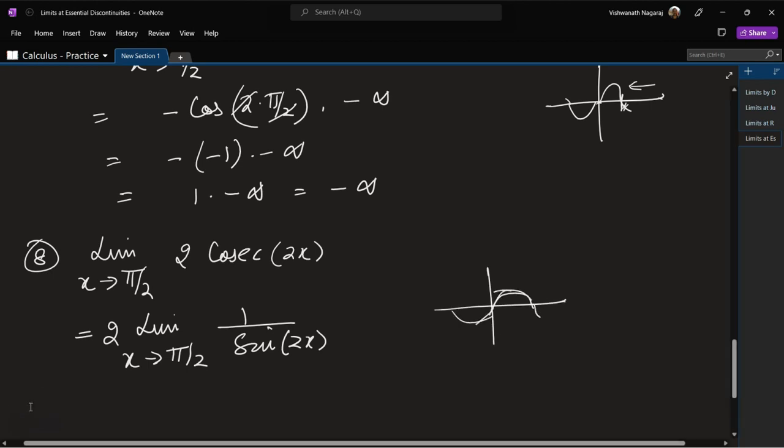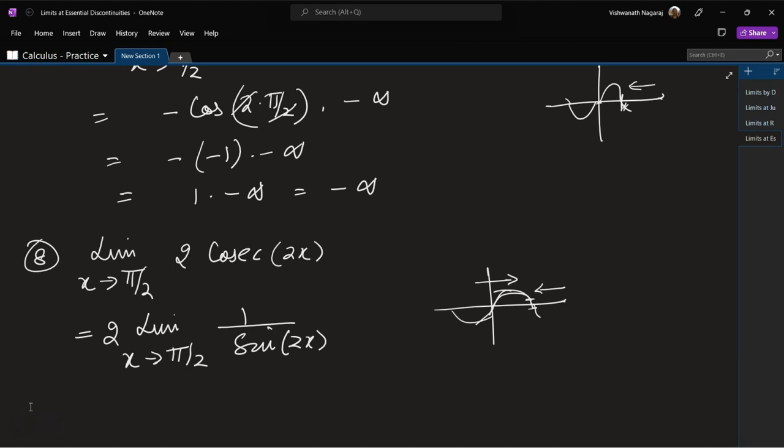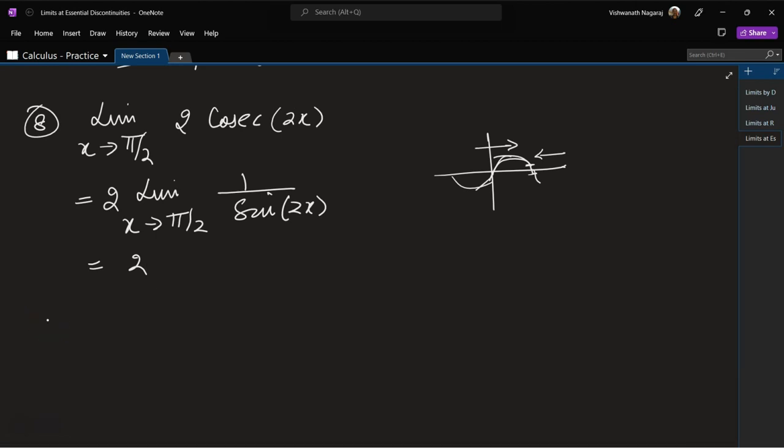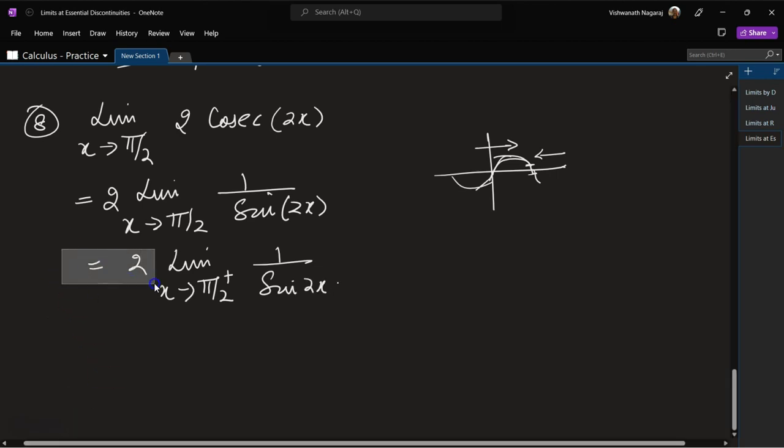Here it is not specified, so that means we have to look at it from both the sides. From the positive side, it will be just here, and from this side, it will be just here. So from the left hand side it will be positive, from the right hand side it will be negative. So we need to split this into limit as x approaches pi by 2 from the positive side of 1 by sine 2x. Let's take it from the positive side.